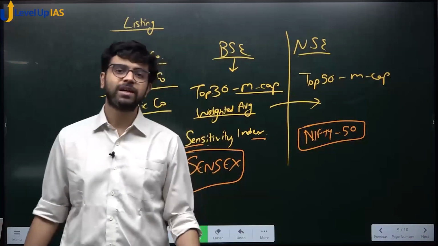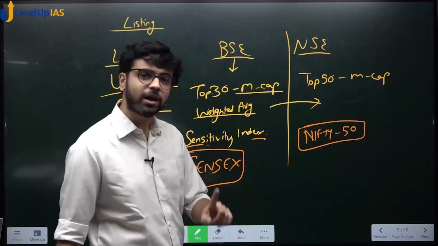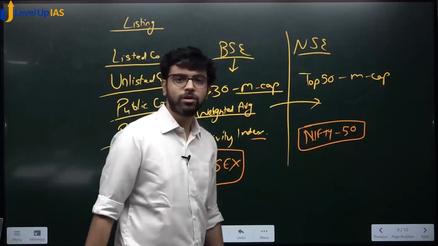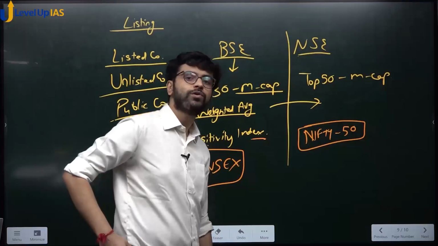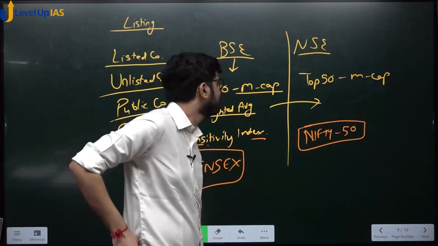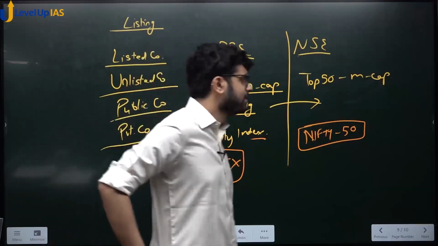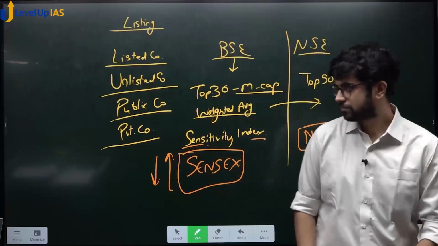So when you want to invest in any share, you have to choose whether you want to invest in that. So one company can be listed in both also. So you have to choose whether you want to invest in Reliance on BSE or on NSE, whether you want to buy the product from Flipkart or Amazon, basically. Understood?